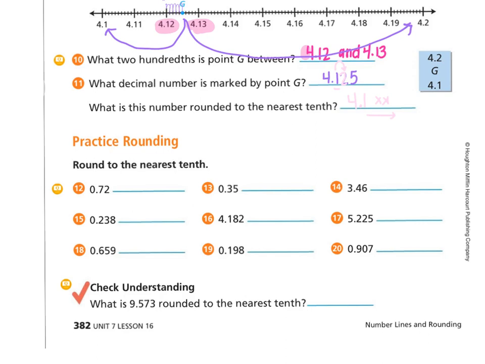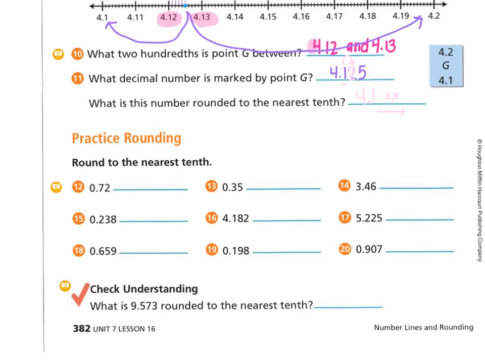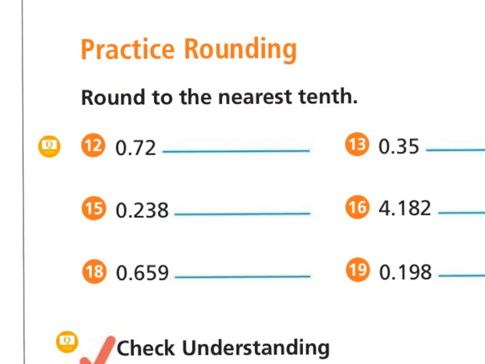I'm going to do 12, 15, and 18 with you, and then I'd like you to do 13 through 20 on your own. Let's look at number 12. Using our rounding game rhyme, let's give it a try. Notice the directions say round to the nearest tenth. That means the digit that we're underlining is the tenths spot. Underline the digit, look next door.